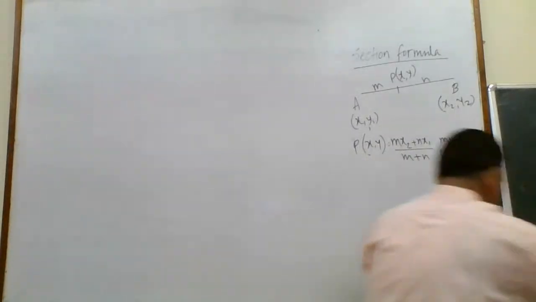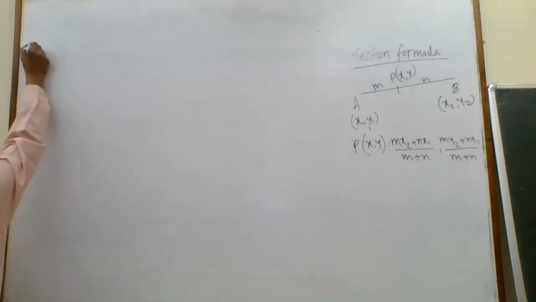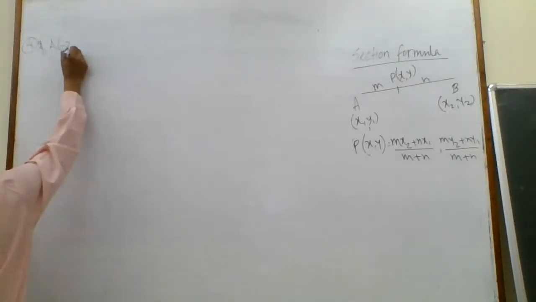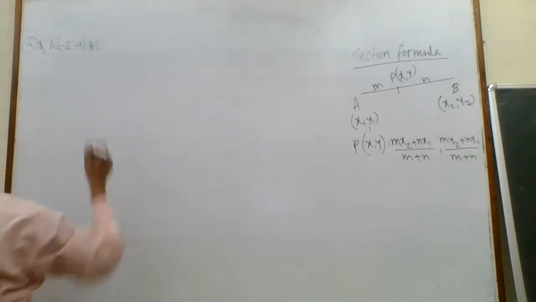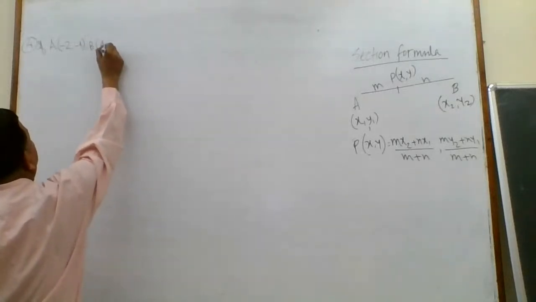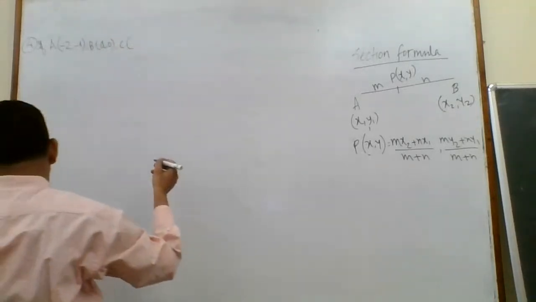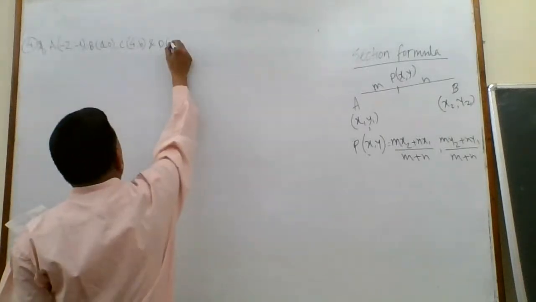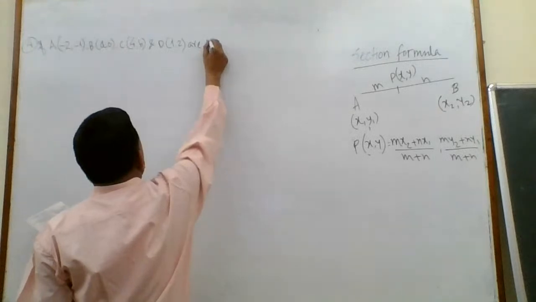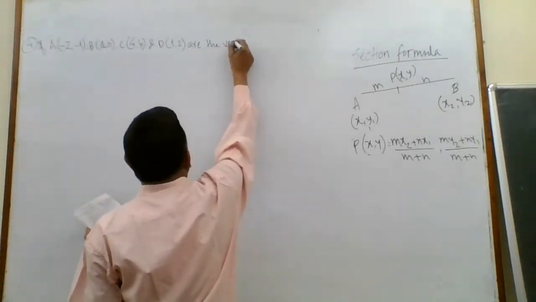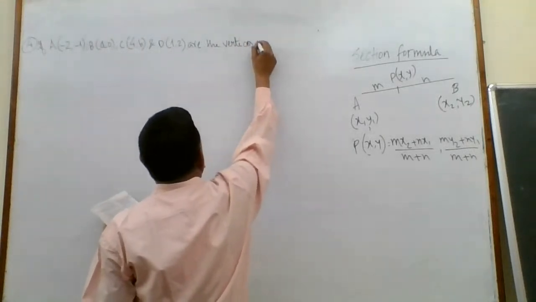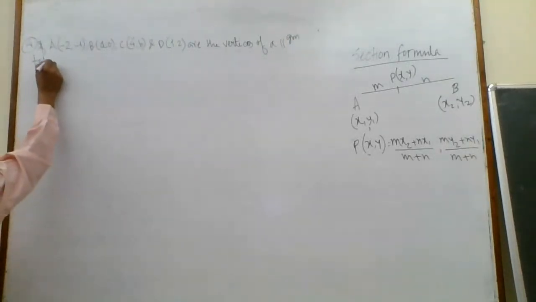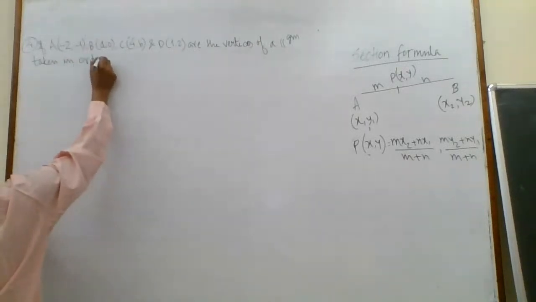Now let's move to question number 4 of today. If A(-2, -1), B(a, 0), C(4, b) and D(1, 2) are the vertices of a parallelogram taken in order.